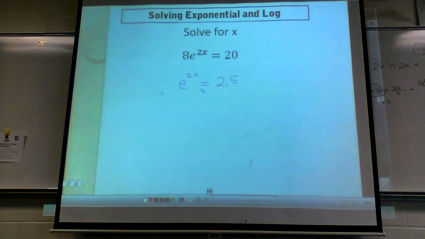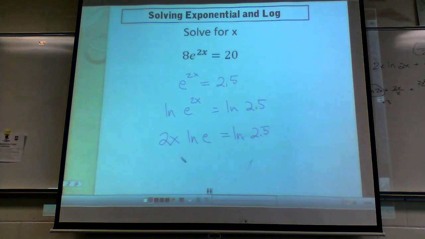Then next, since the exponent is now by itself, you do the log of both sides. Since this is base e, I'm going to do natural log of both of them. The whole reason to keep this one in natural log is that when I move that exponent down, it's going to say 2x times natural log of e. Well, the natural log of e is what? 1.